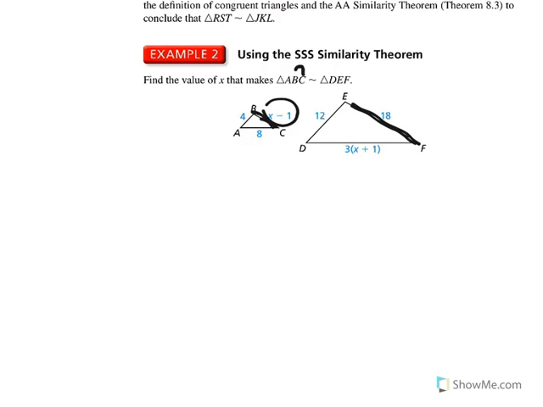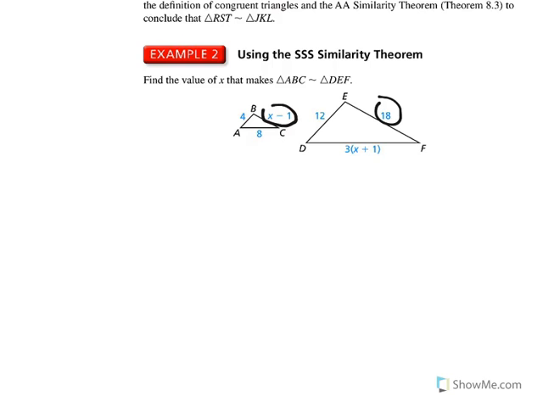You see how BC is in the second and third spot. That means it has to be similar and corresponding to E and F. So it's very important that you keep your letters in order.